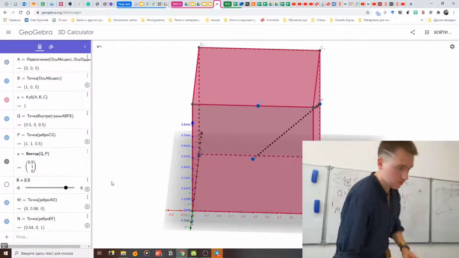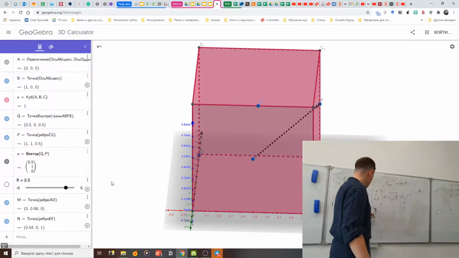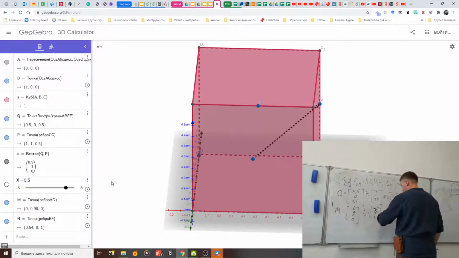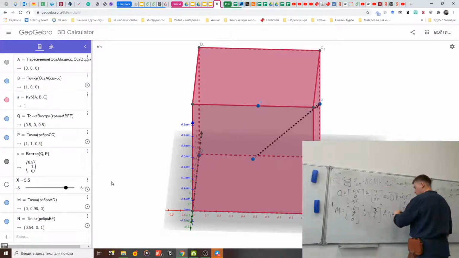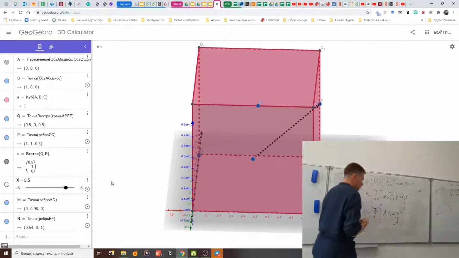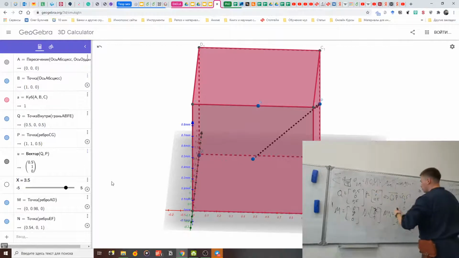It will be x01, and let's write n. It will be x minus y 1. Okay, let's write this equation. I mean, let's put it there.